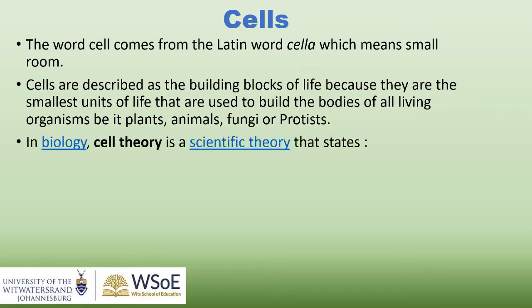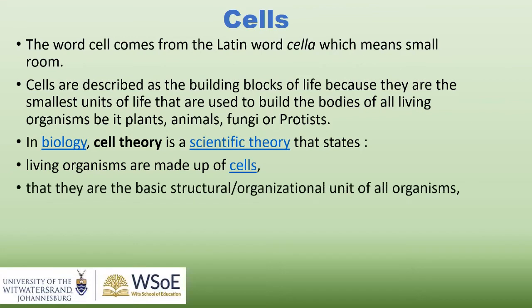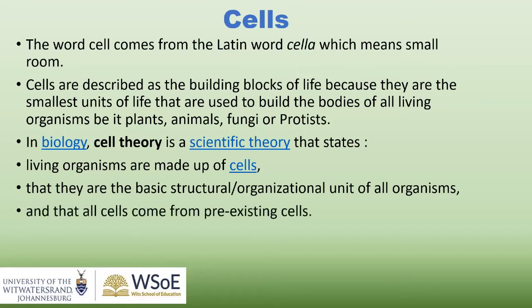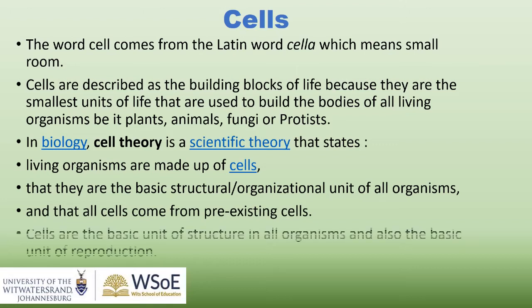Now, in biology, cell theory is the scientific theory that states living organisms are made up of cells, that cells are the basic structural or organizational unit of all organisms, and that all cells come from pre-existing cells. So basically, cells are the basic unit of structure in all organisms, and they are also the basic unit of reproduction.